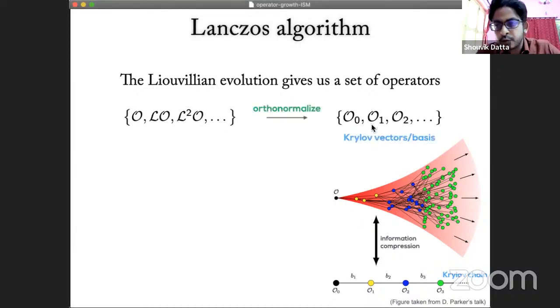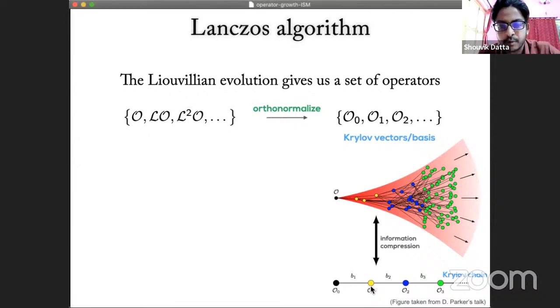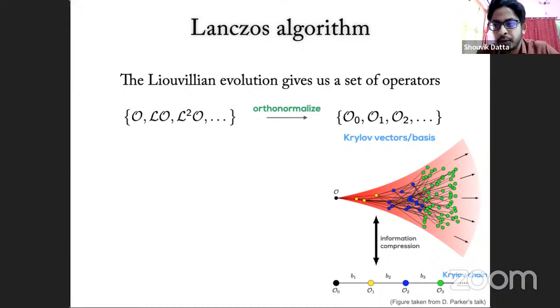So what we do is to orthonormalize. We generate new superpositions at each step, but we orthonormalize with previously generated operators. So you get an operator O1 by orthonormalizing with respect to O, and O2 by orthonormalizing likewise. You mean Gram-Schmidt, right? Yes, Gram-Schmidt, exactly that, with some particular inner product, which is up to you to choose.